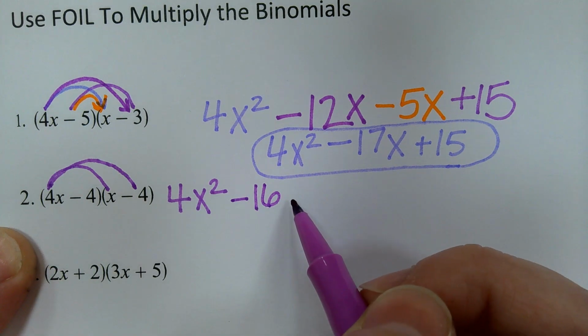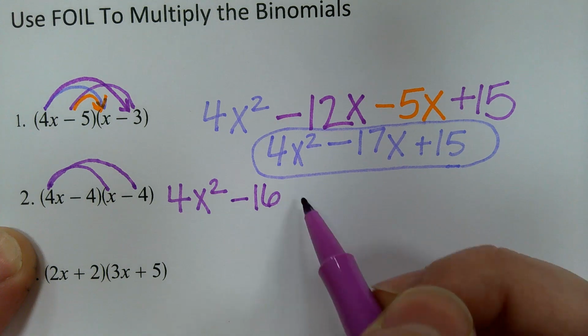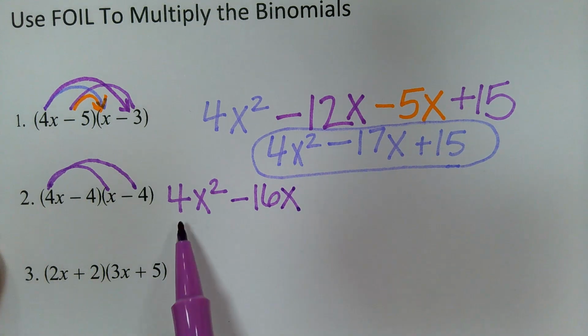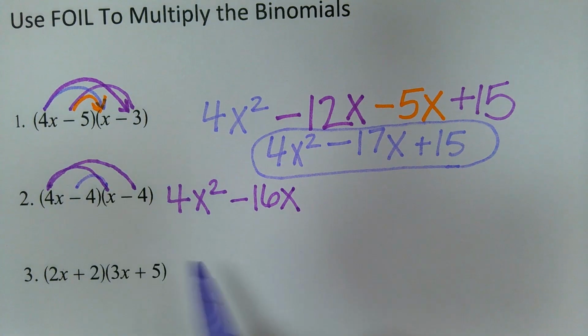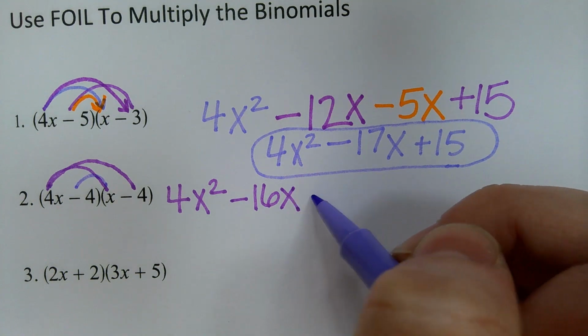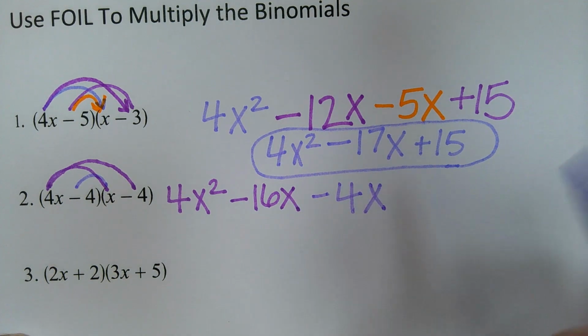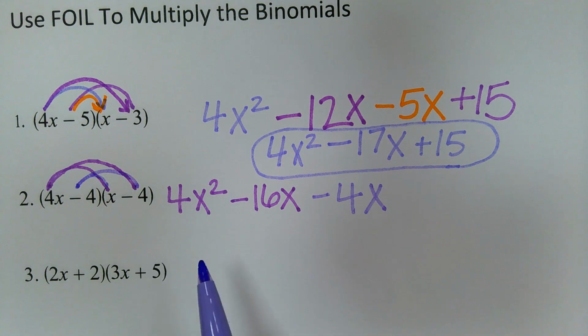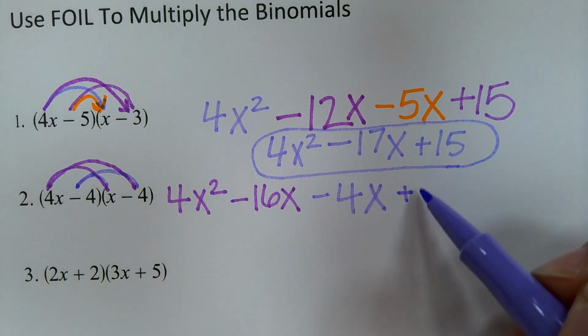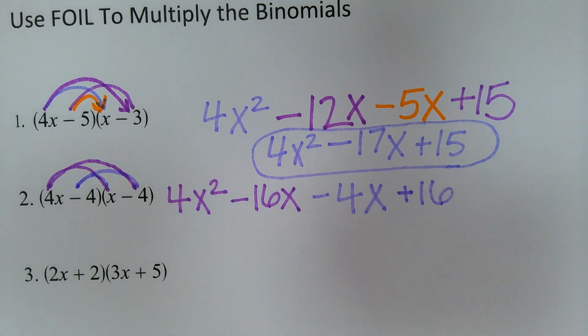So I just bring that x over here on the 16. 4x squared minus 16x. What's next? Negative 4 times x is negative 4x. And last but not least, negative 4 times negative 4 is positive 16, plus 16.